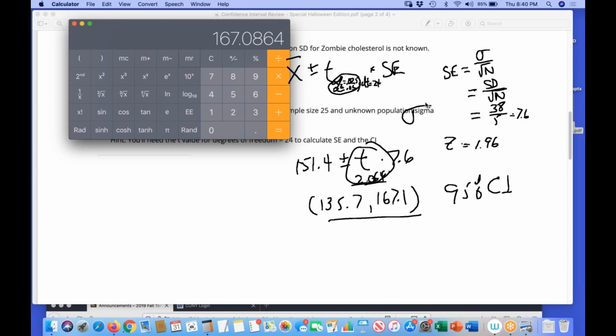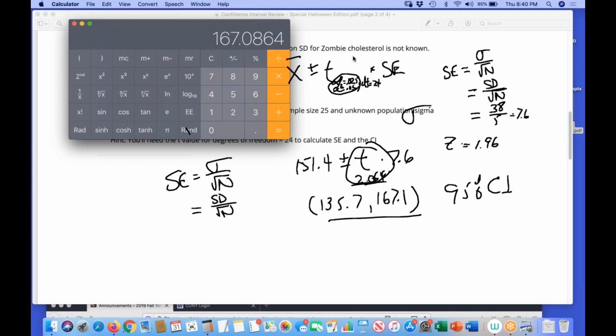Could you show me how to do the standard error in this? Yeah, the standard error is equal to sigma over the square root of n. But now we don't know sigma, so the standard deviation of the sample is an estimate for sigma. We divide that by the square root of n.